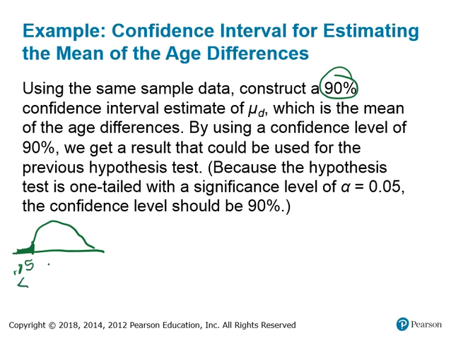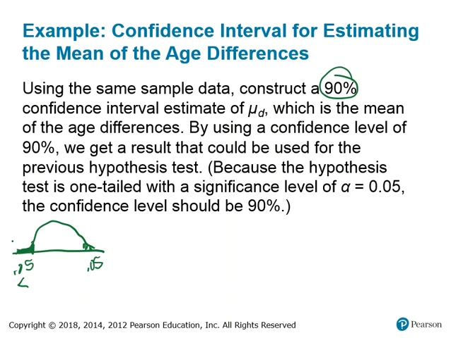So it was a one-sided or one-tailed test. That means that the 0.05 has to be on both sides when we're looking at the actual confidence interval. So if I have 0.05 on each end, 5% and 5% is 10%, which means I have to have a 90% confidence interval. So remember, they always tie together and they have to work out together. So we're going to do a 90% confidence interval using our technology.